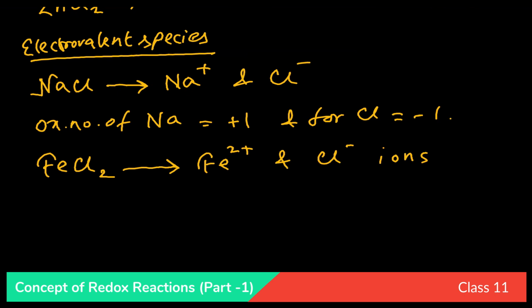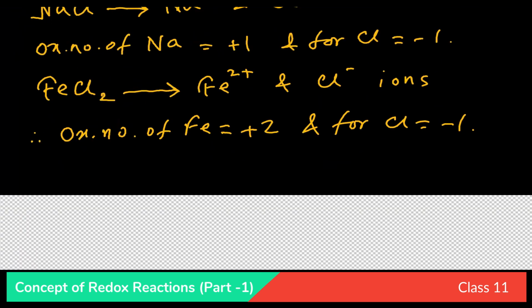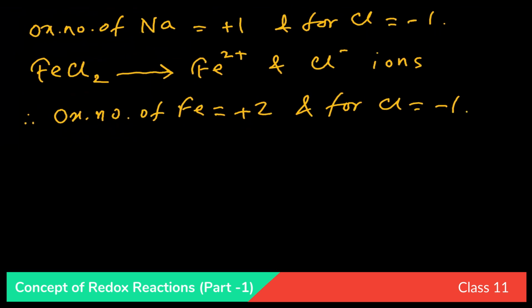So by seeing their charges, we can easily say that the oxidation number of iron here is +2, and for chlorine it is again -1. In this case we can frame many examples and be able to determine their oxidation number. Now these are all for the electrovalent species.